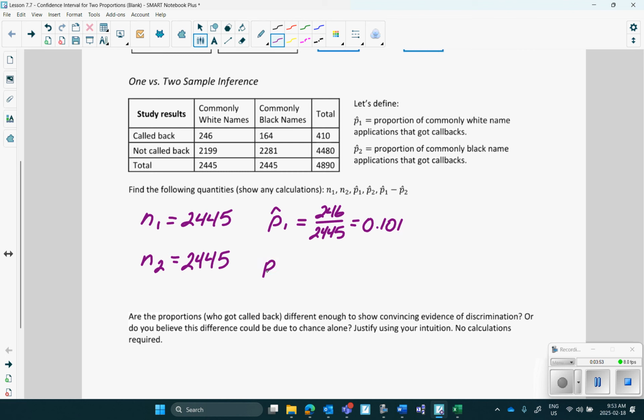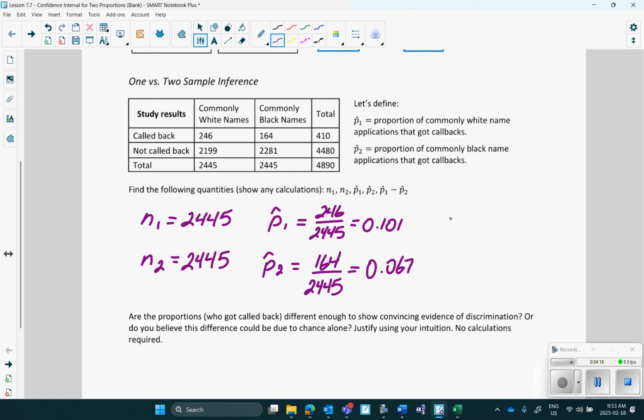For commonly black names, the proportion was 164 out of 2,445, which works out to approximately 0.067, or about 6.7%. So again, if we see those as percents, we can suspect discrimination.